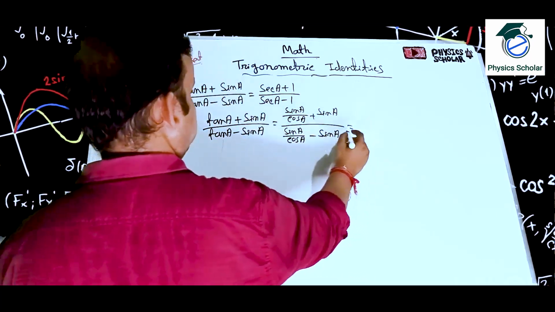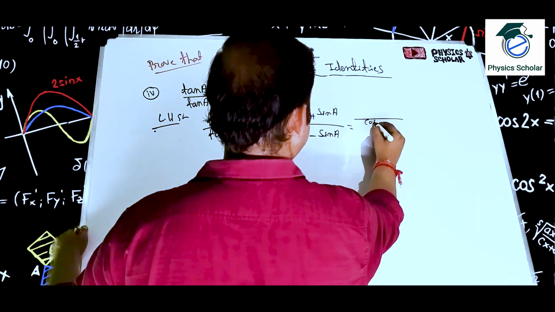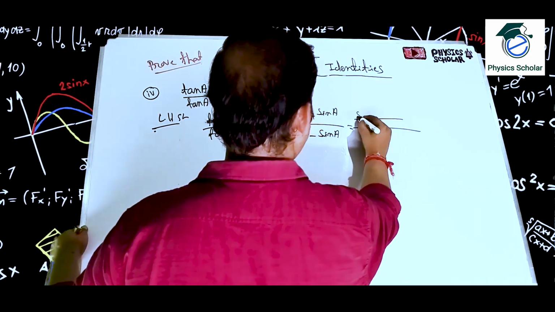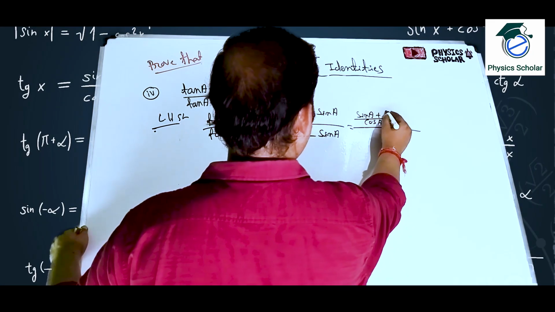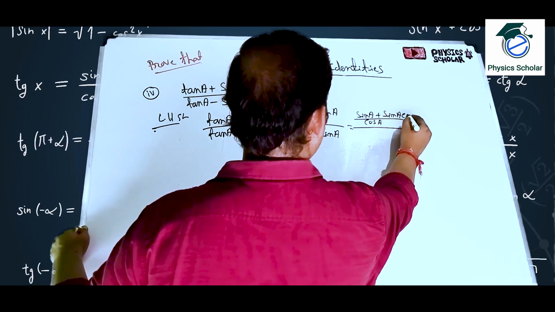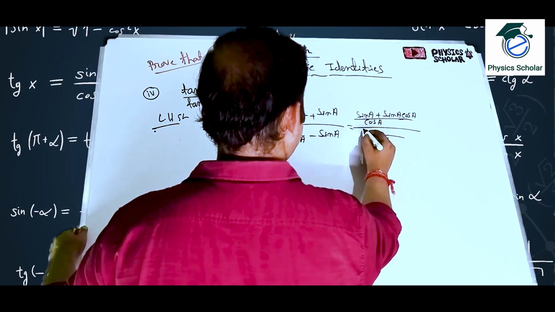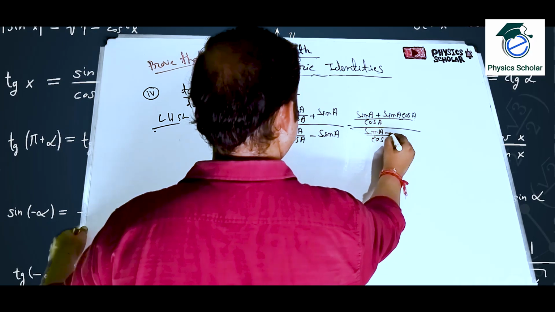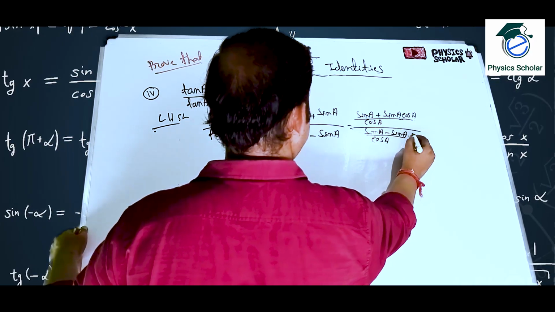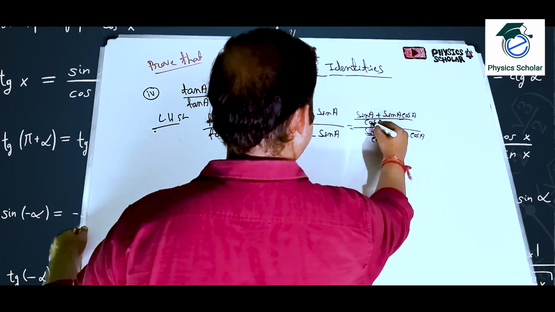So from here what will be the LCM? Cos A. So it will be sin A plus sin A cos A, and here also cos A. So it will be sin A minus sin A into cos A. This will be cancelled.